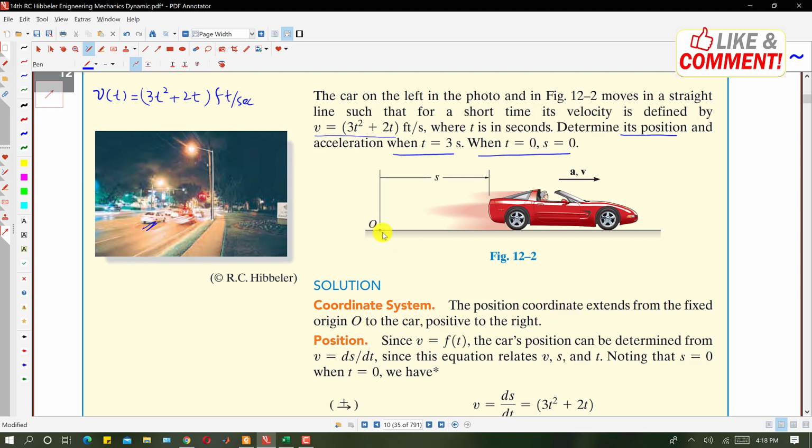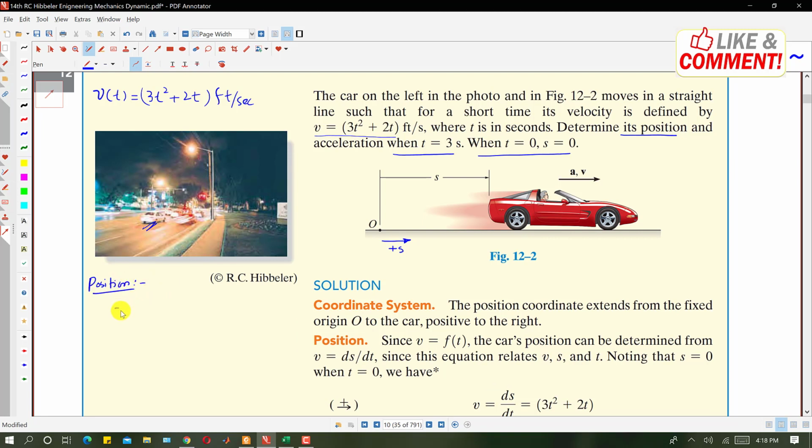So this is the fixed origin, and the position is positive towards the right, so we can write that this is the positive s direction. We have to define our coordinate system for such kinds of problems. So first we need to find the position of this car after 3 seconds.